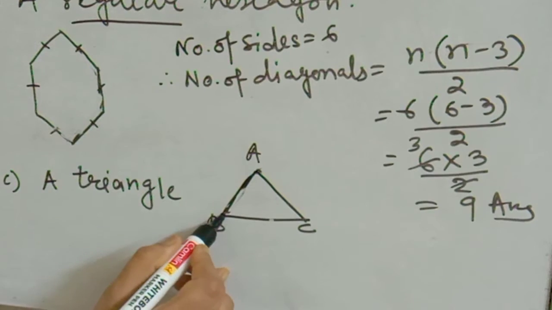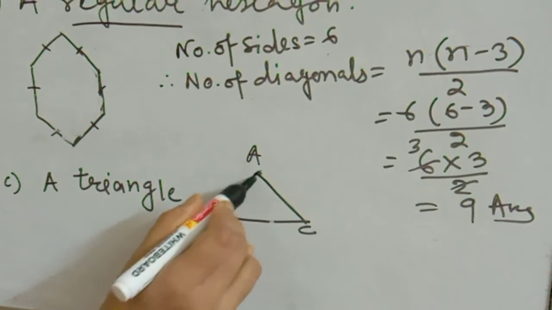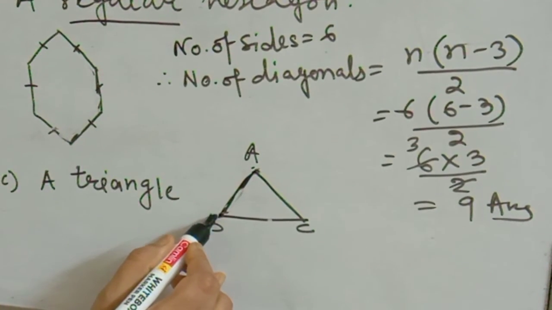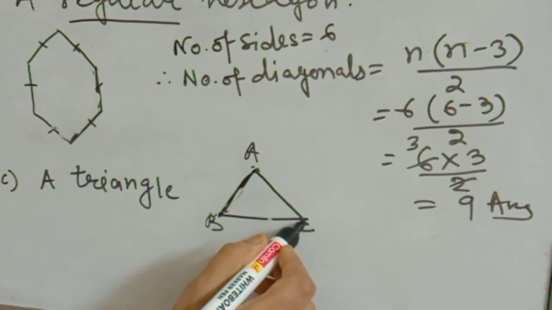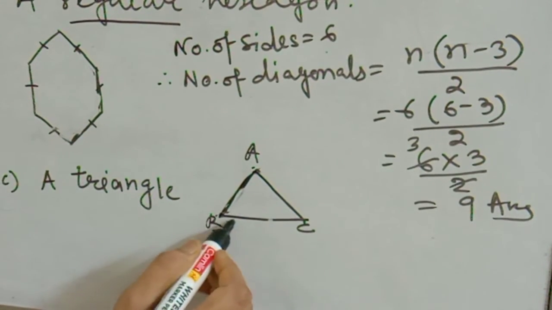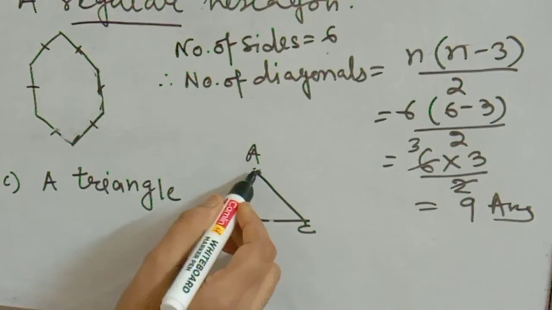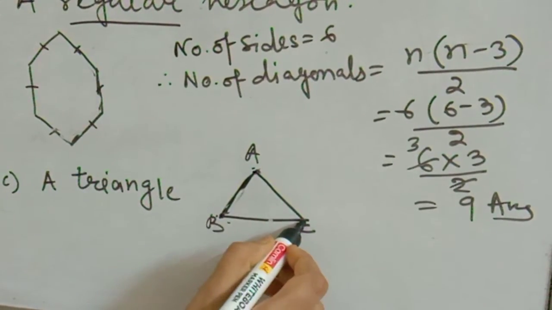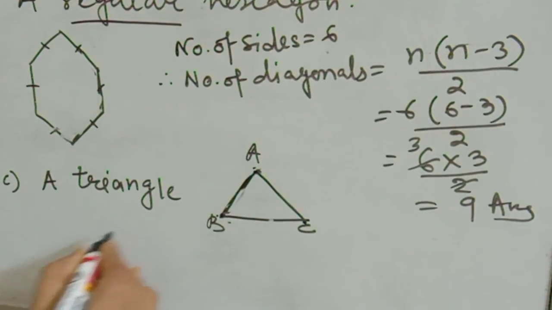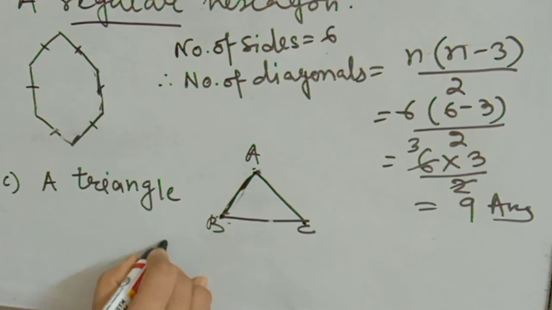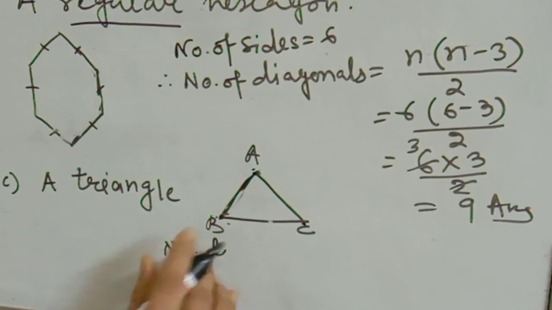But think: for vertex B, A is a consecutive vertex and C is also a consecutive vertex. So no diagonal can be drawn from B, similarly not from A, and similarly not from C. So how many diagonals are there in a triangle? There are no diagonals.